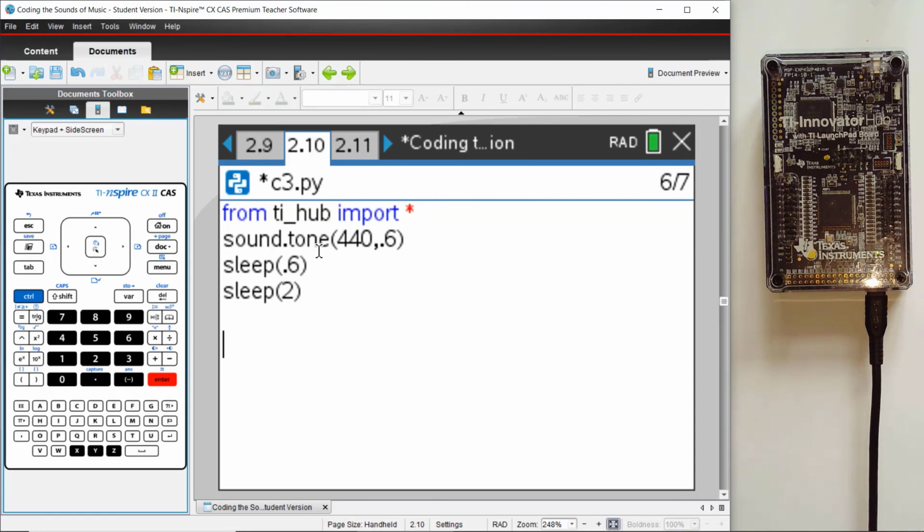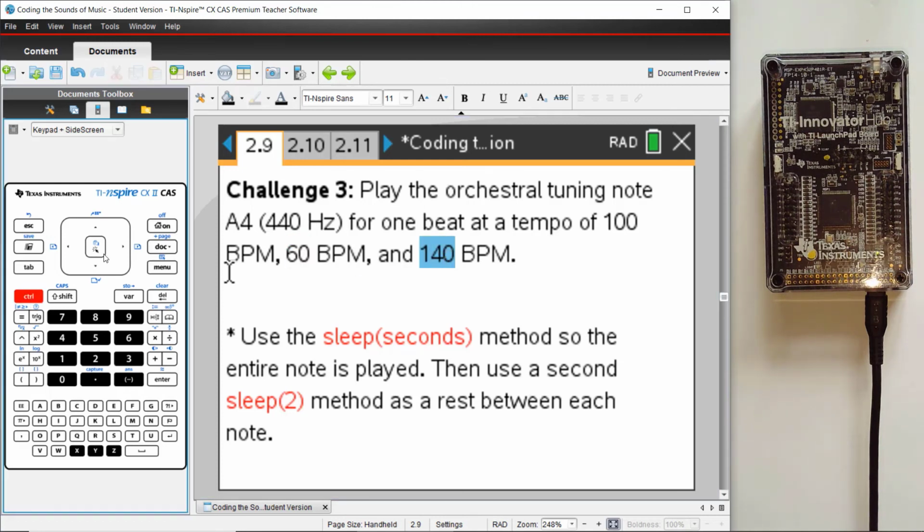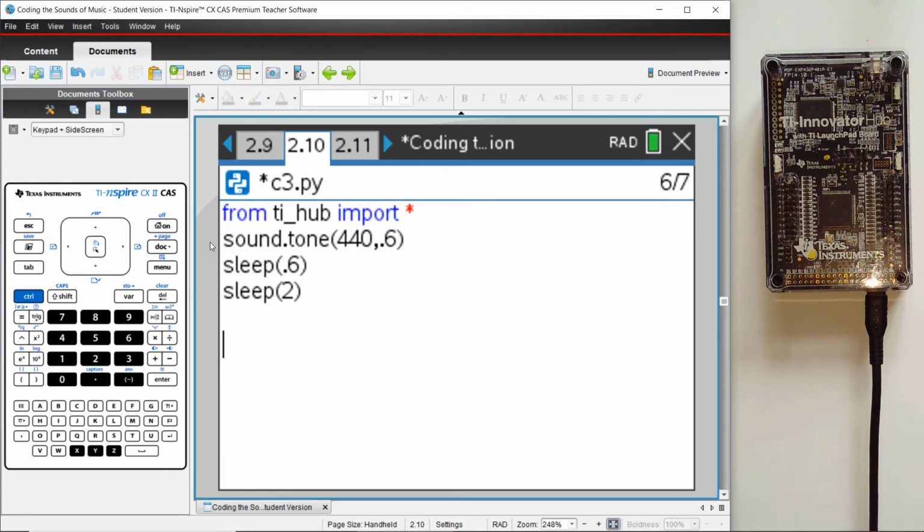And it's time for you to do the other two portions of this challenge. So if I go back to page 2.9, it says the remainder of the challenge is again to play 440, but this time it's 60 beats per minute and 140 beats per minute. So what that means you'll need to do is you're going to call up your scratch pad and you're going to calculate this time period right here using your formula 60 divided by the beats per minute, and you're going to enter that right here.